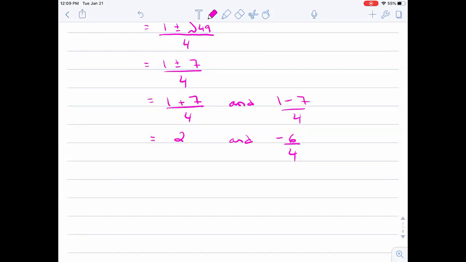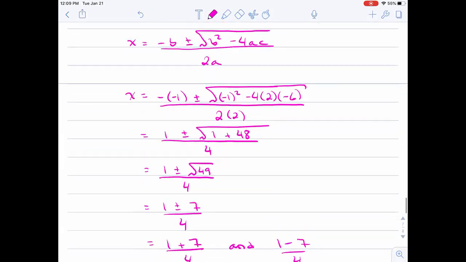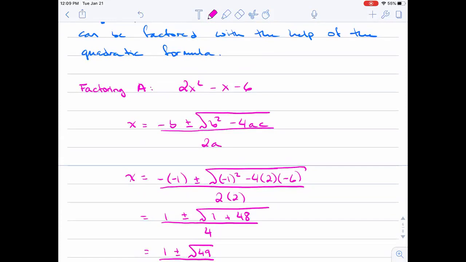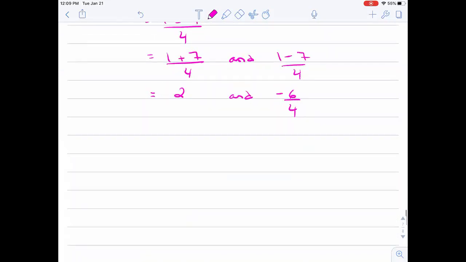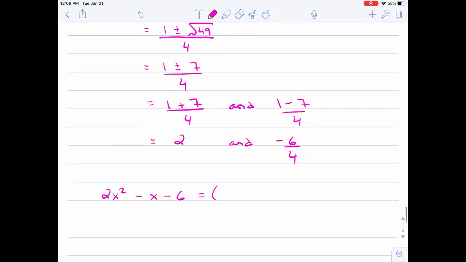All right, so what does that mean? My original expression was 2x squared minus x minus 6. Using that same method that we had before, we can rewrite it as x minus 2 times x plus 6 over 4.